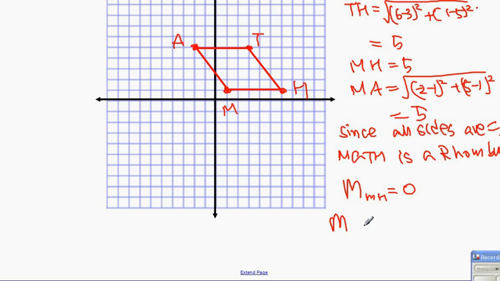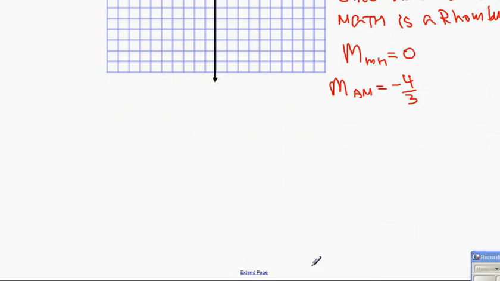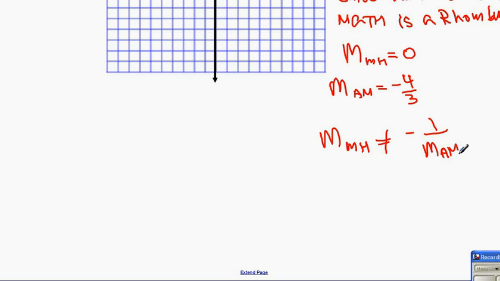And what is the slope of AM? That's equal to, you're going up by 3 units but coming down by 4 units, so negative 4 over 3. And as we can clearly see, the slope of MH is not the negative reciprocal of the slope of AM.